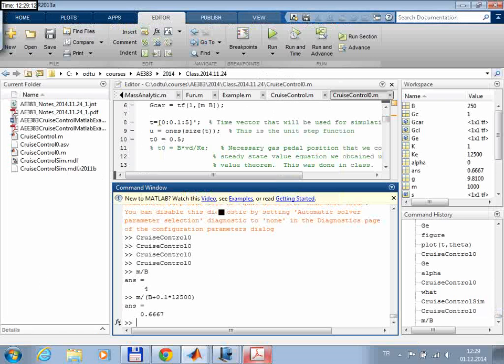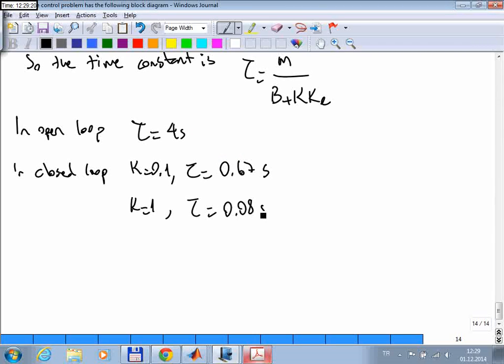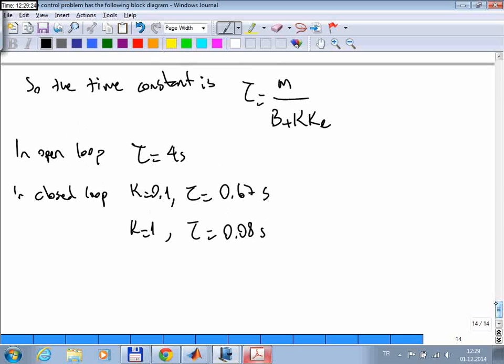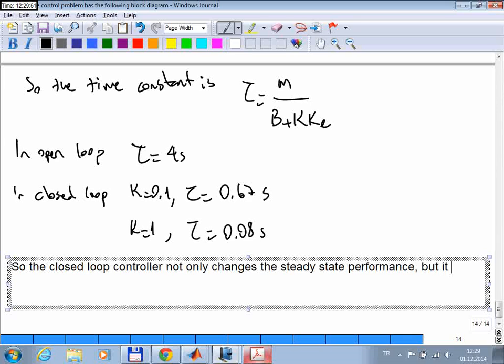And if you use k equal to 1, so the controller not only changes the steady state performance, but it also changes the transient performance by changing the time constant of the system.